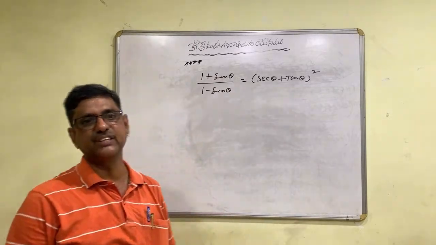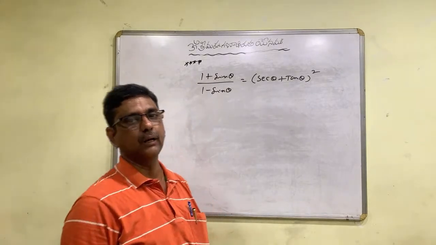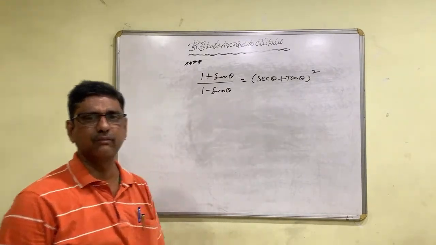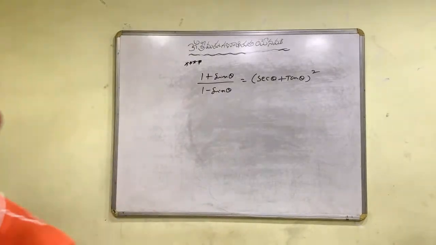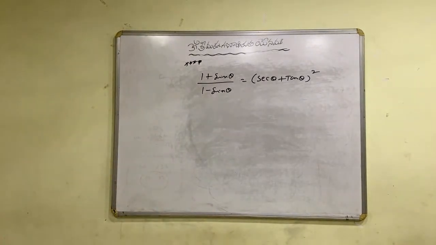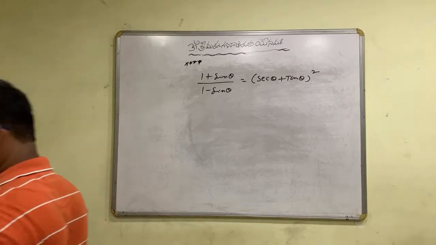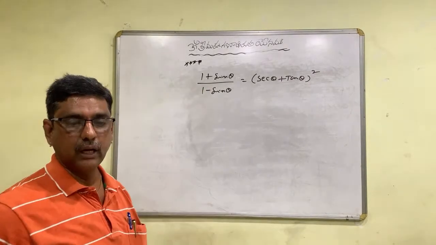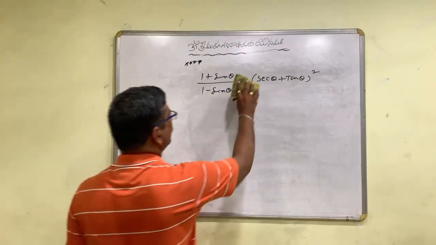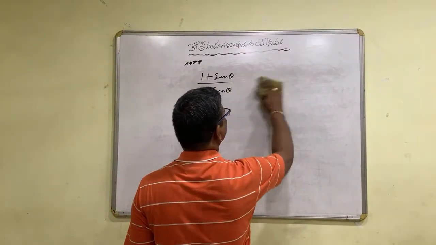Which one will we do? We'll consider LHS, right? And we'll show the answer as RHS. Remember, answer is secant theta plus tan theta whole square.